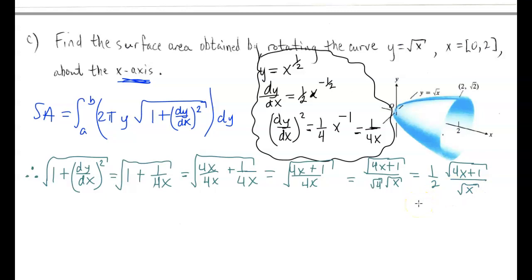Now that we have that, we already know what this square root of 1 plus the derivative of y with respect to x squared is. We know that y is just square root of x.